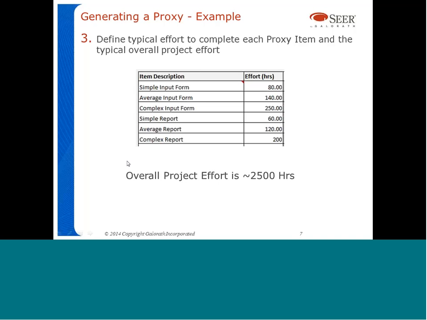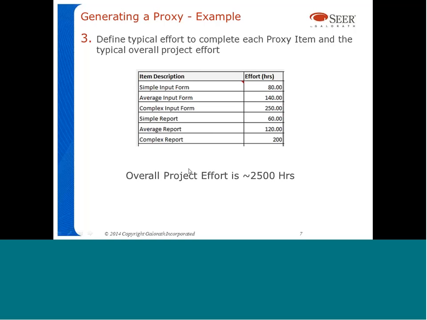And the overall project effort is going to be around 2,500 hours. That means that a typical project that I develop, using input forms and reports, the typical project size is something around 2,500 hours.